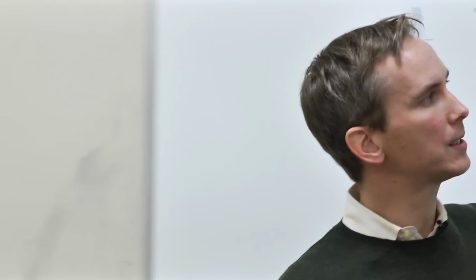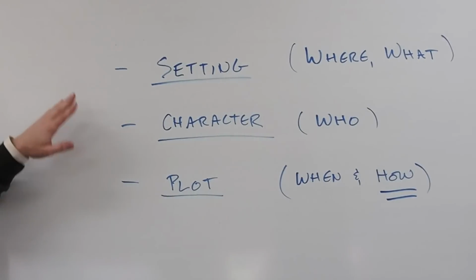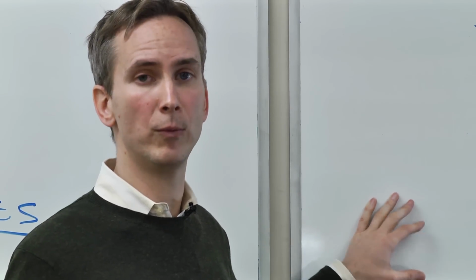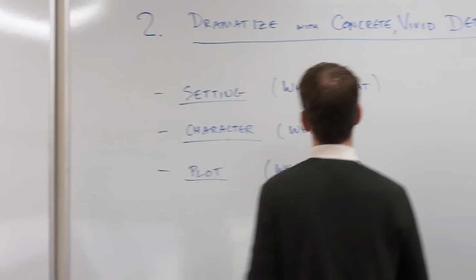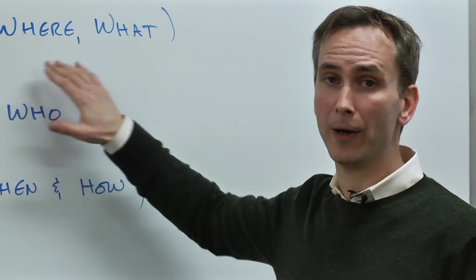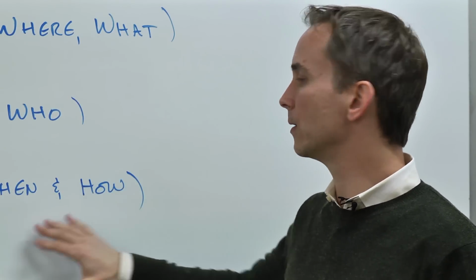So this is, as you will remember, the 3 elements of storytelling, the 3 main things that come in when we create a story: setting, character, and plot. As you remember, setting is typically the where and the what. Character is the who, plot is the when and the how.